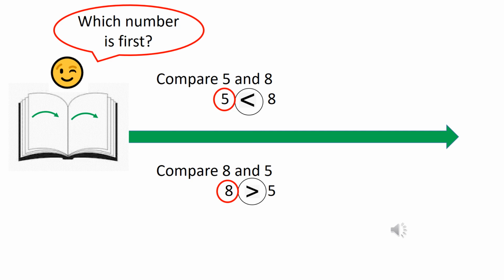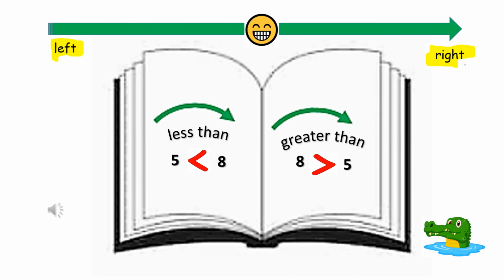And when we select the correct symbol, we then read the comparison like this. On the left page, 5 is less than 8. And on the right page, 8 is greater than 5.